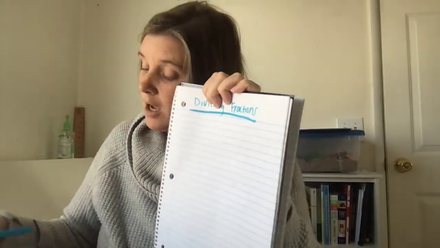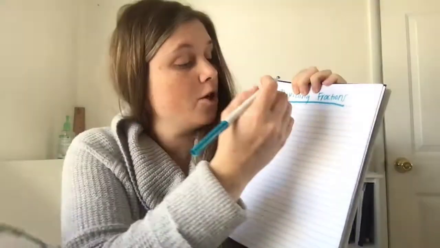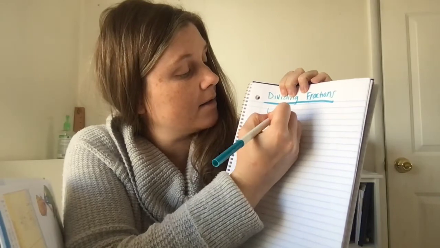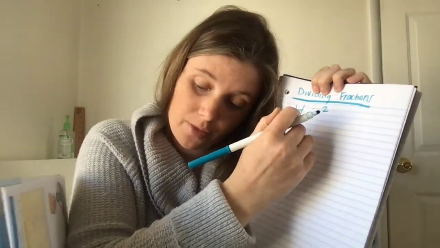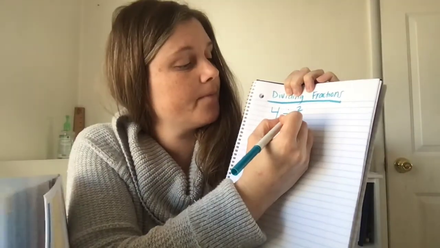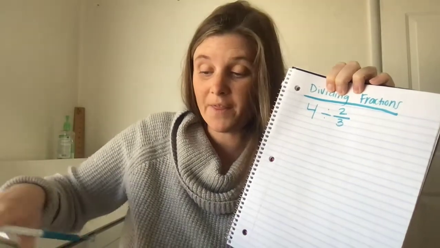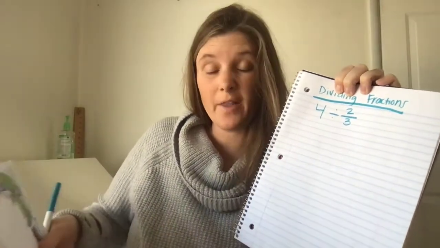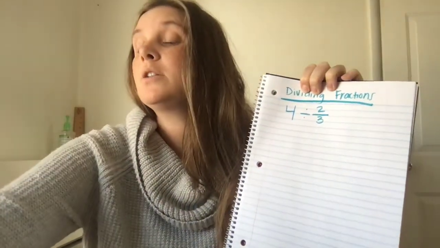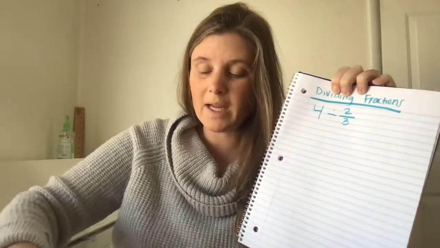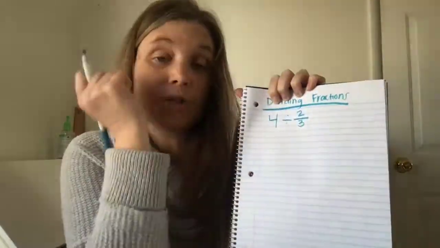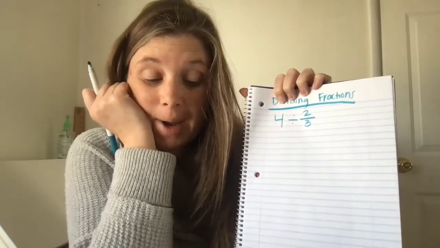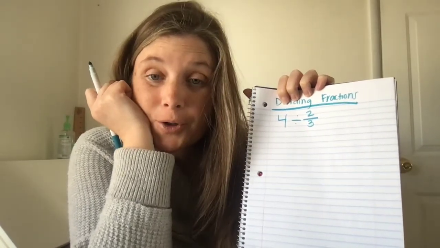So, let's say that you have 4 divided by 2/3. Now you've learned from Con what that means, if you were to draw that out. Today we're going to learn a quick way to do it. You can multiply by the reciprocal.